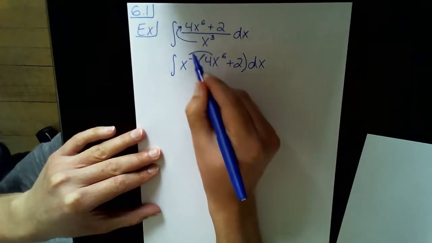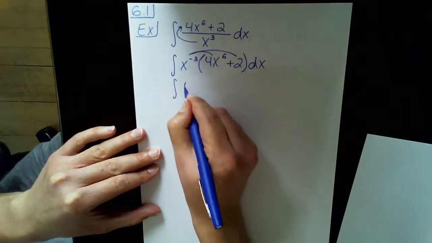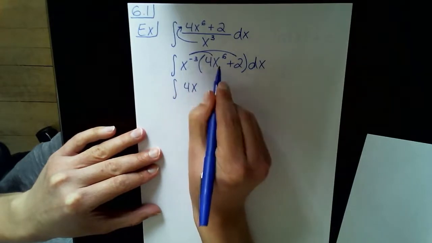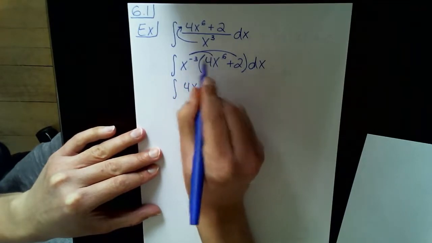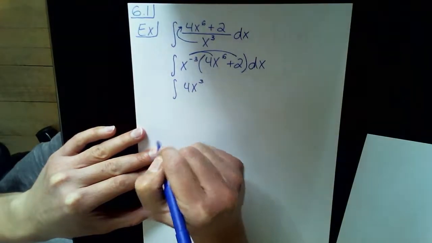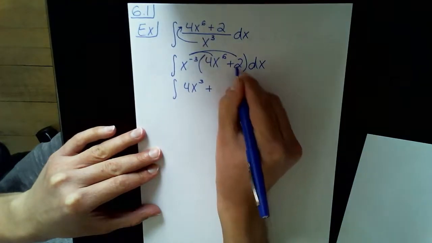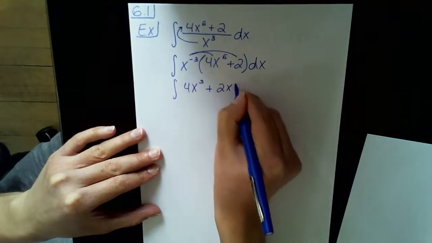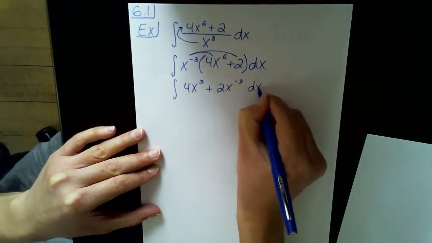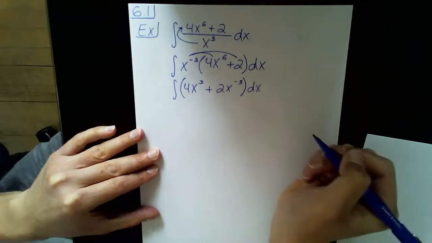And when we distribute this x to the negative 3rd, we have the integral of 4x to the, we are multiplying with like bases, so we add the exponents. Negative 3 plus 6 gives us positive 3. So we have 4x to the 3rd plus 2x to the negative 3rd dx. And we need to put parentheses around these terms.